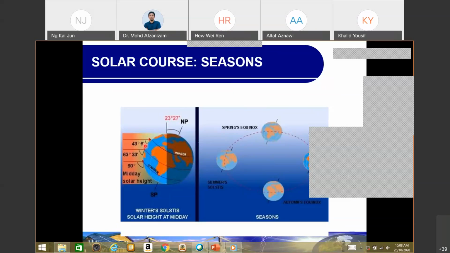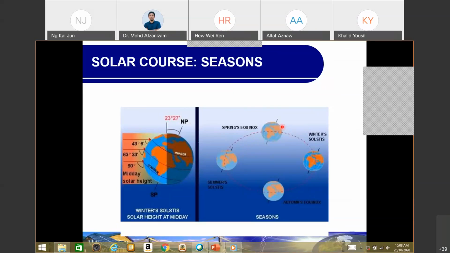As you know, by default our Earth is tilting a bit, around 23 degrees, from the axis of the North Pole and the South Pole. By having this kind of tilting, we can have the seasons and so on.